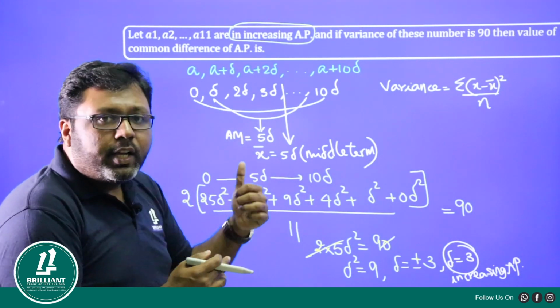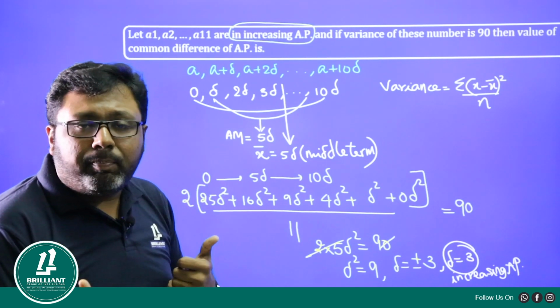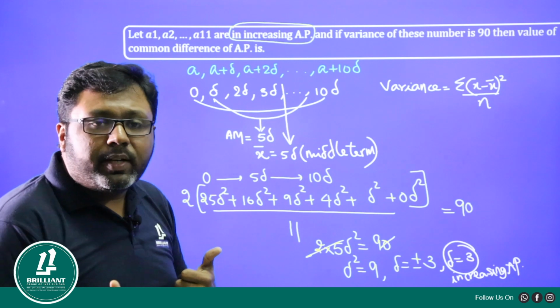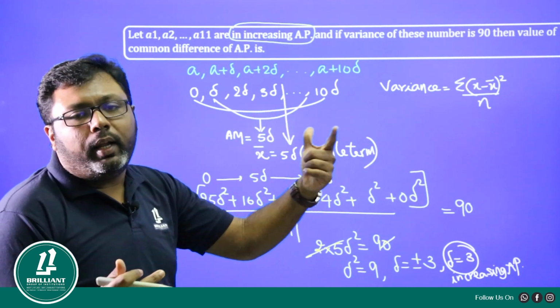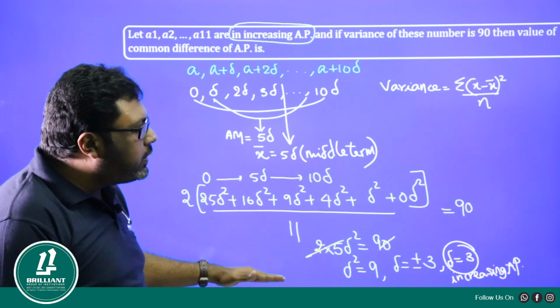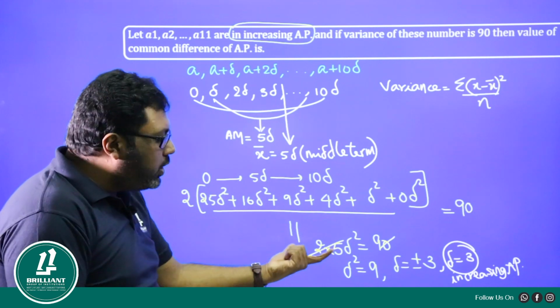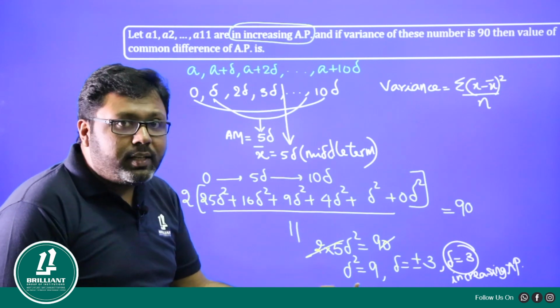This is an AP, so the arithmetic mean of a set of numbers in AP is the arithmetic mean of the first and last numbers. Using that, I found my variance and equated it with the given value of 90 to find the common difference D.